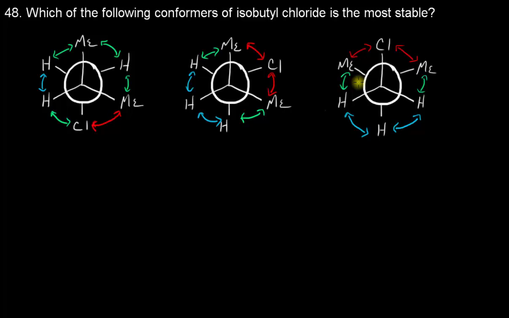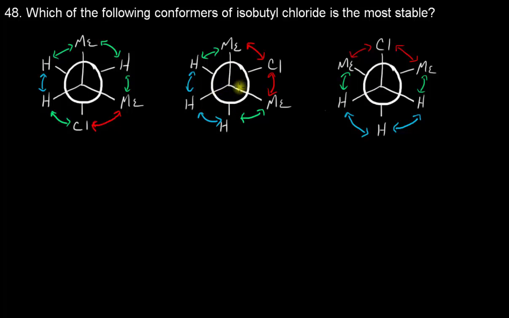So what we really have is, if you look at the two Newman projections farthest to the right, this Newman projection in the middle and this Newman projection on the right are actually the exact same Newman projection. All you'd have to do is take this molecule in the middle and rotate it just a tiny little bit, and you'd have the exact same molecule, but you don't even need to rotate this carbon to carbon bond.